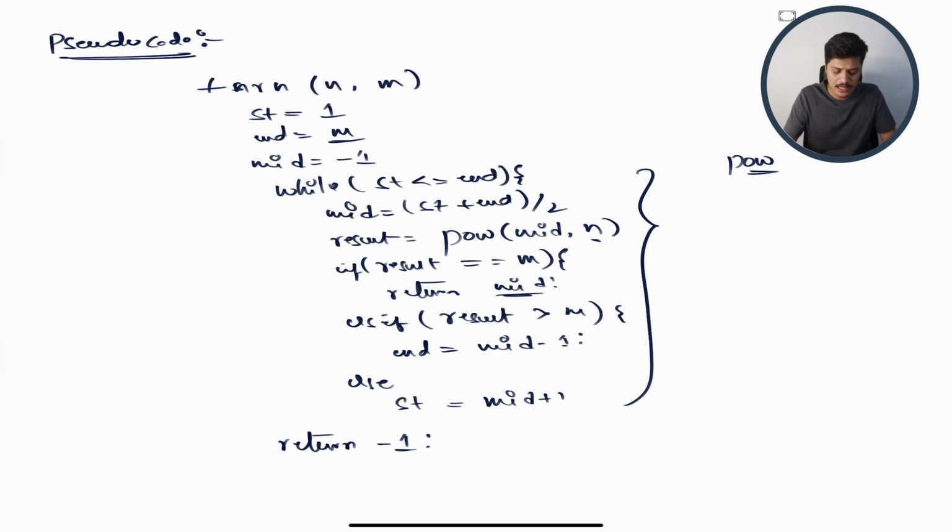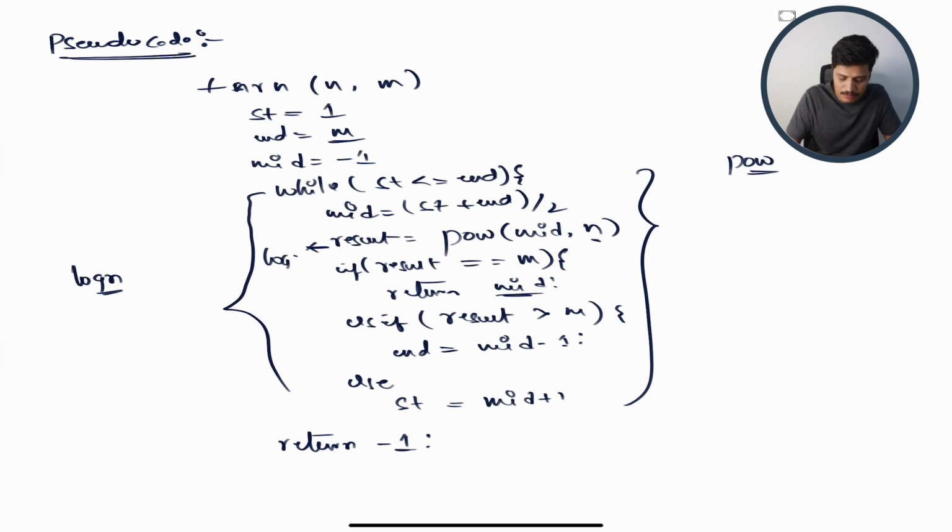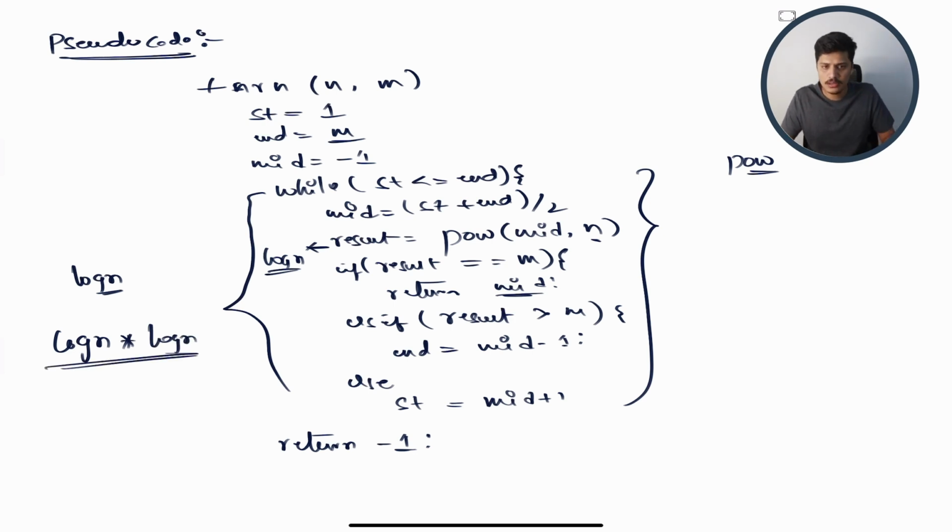Ultimately, if we want to analyze the time complexity, for this while loop we will be taking log n units of time. Similarly, for the power function, we will be taking log n units of time. So the time complexity is log n times log n. Now let's try to understand the space complexity.